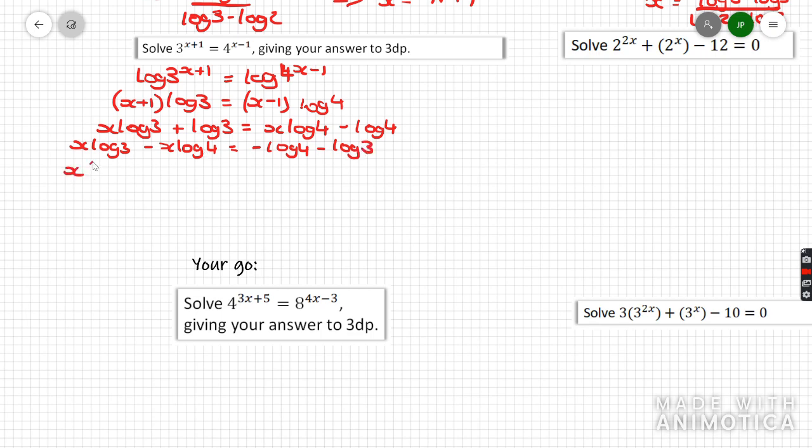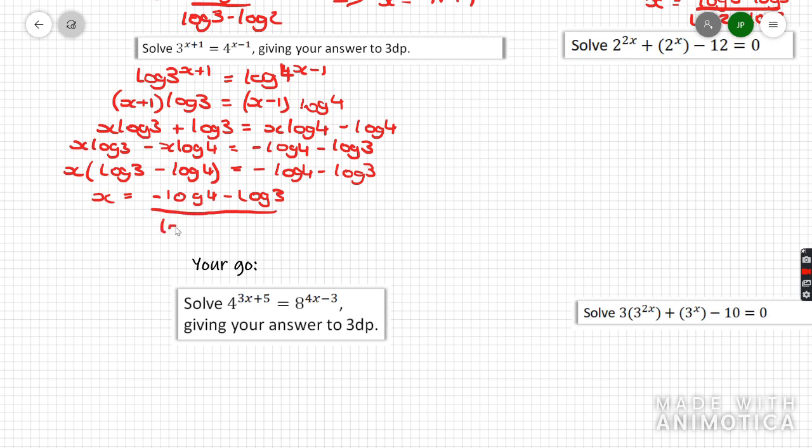Factorise out my x. X lots of log 3 minus log 4 equals minus log 4 minus log 3. So x is going to equal minus log 4 minus log 3 all over log 3 minus log 4.